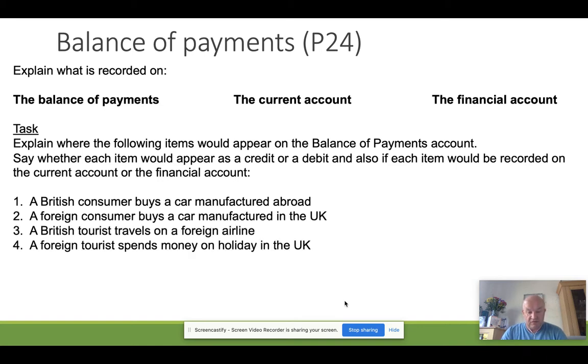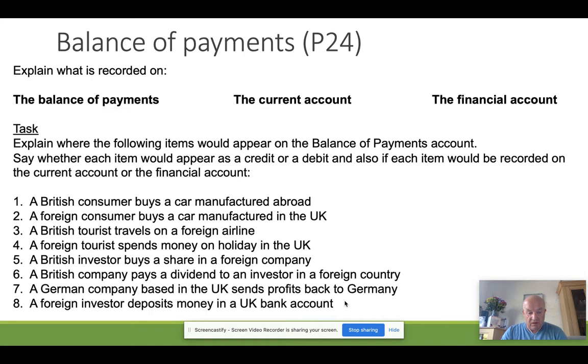So if we just flick through those, you can see there are 8 examples, and I'd like you to give that some thought, and as I've mentioned previously, consider whether you think it's either a credit or a debit. A credit means it's going into the current account or the financial account, and it's a credit balance, so it's money coming into our country essentially.